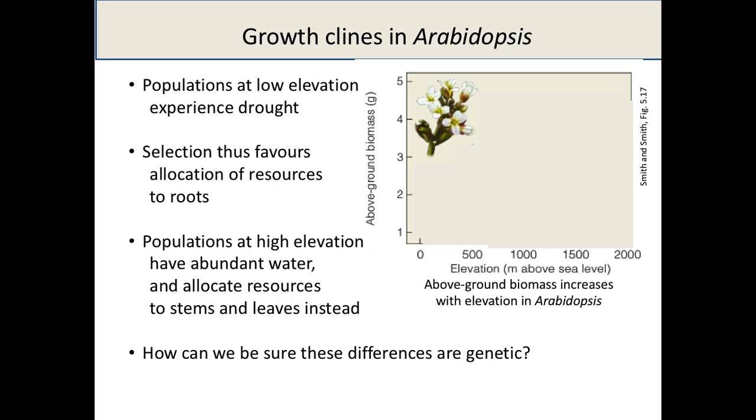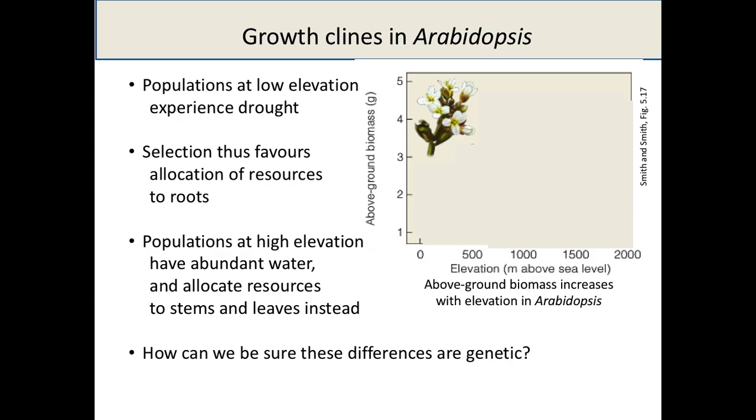This is an example from Arabidopsis plants, which grow along one of these gradients. So we've got elevation, area above sea level, and above ground biomass.